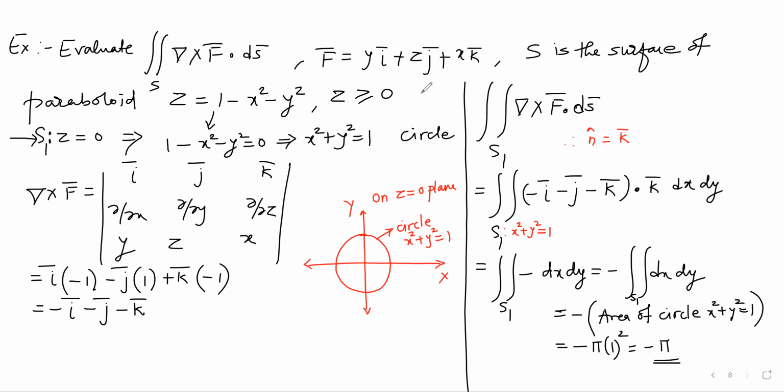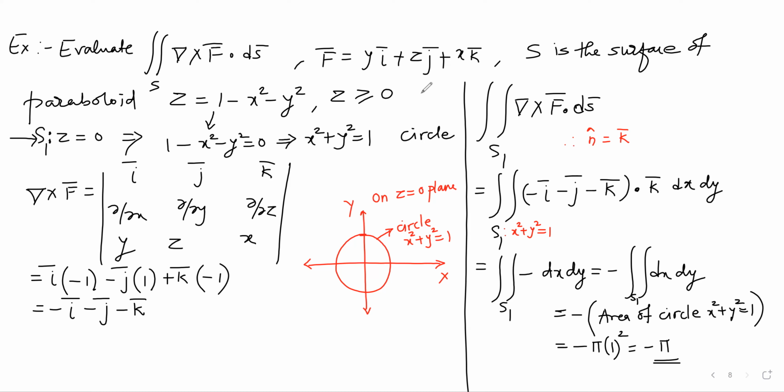Once you get that n cap, the rest becomes very easy because that gives you directly the area of the circle.